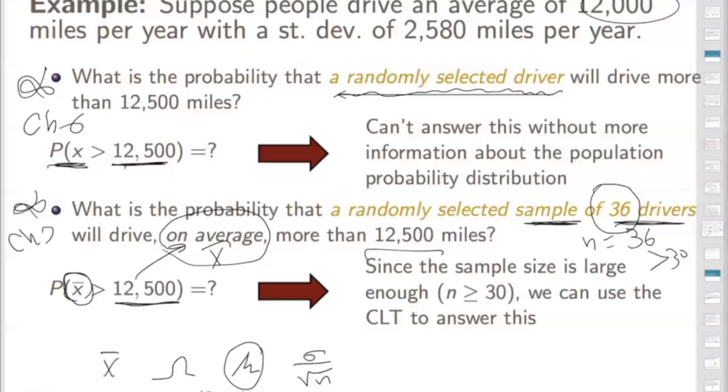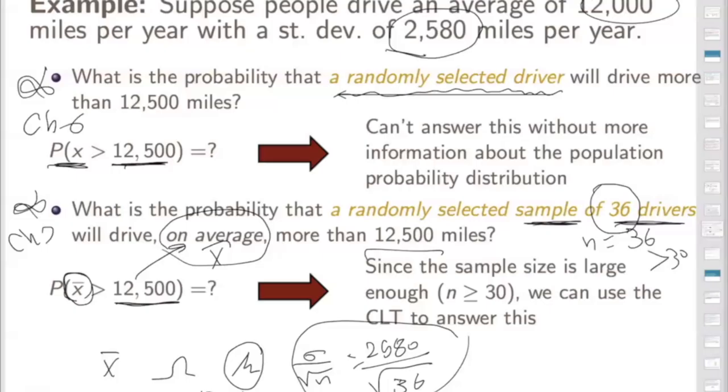What about the standard deviation? It will be sigma divided by square root of n. Sigma from the population is 580, divided by square root of n, and n here is 36. So you can find the standard deviation of the distribution of the sample mean.